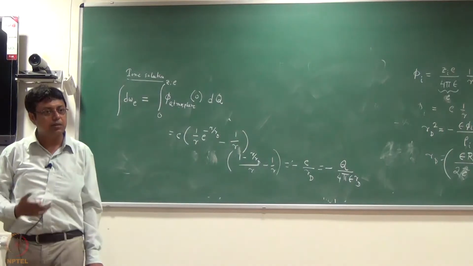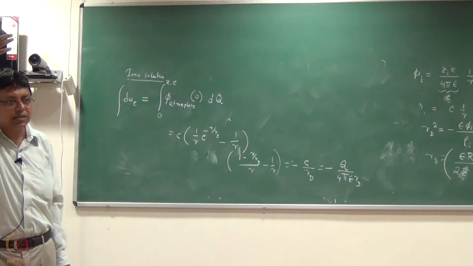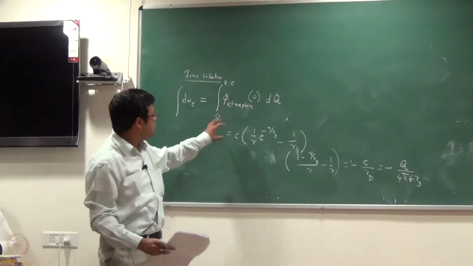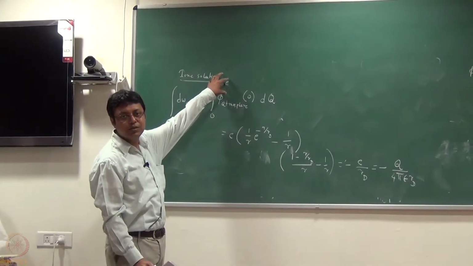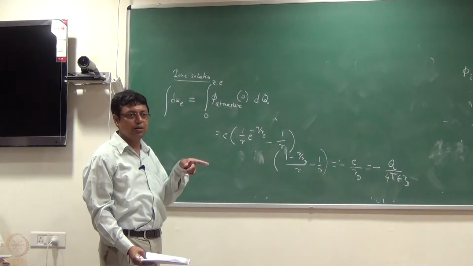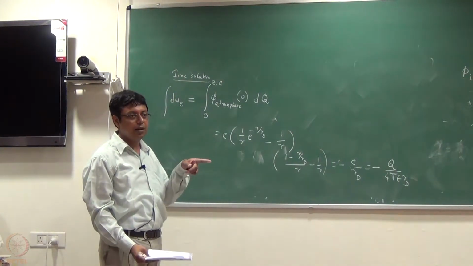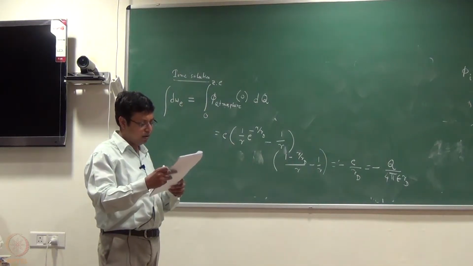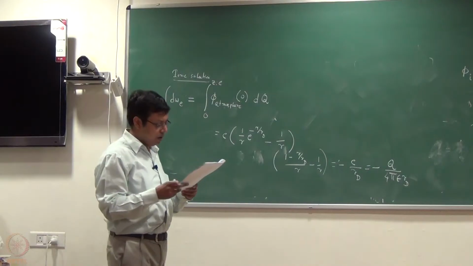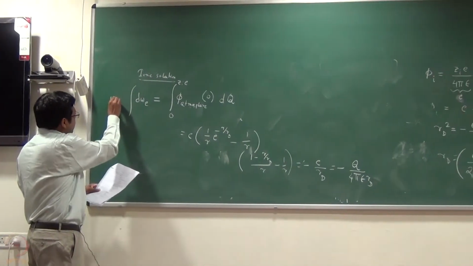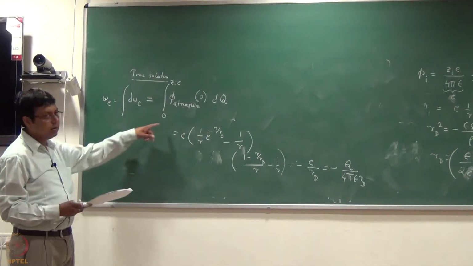I had 0 charge, and then I am incrementing fractional charge, and I am making it up to the cation charge or the anion charge. That will be decided by whether it is a Z plus or Z minus. Clear? That is the differential work done, and then this will be the integrated work done. Clear? Now this is the work done for one cation.